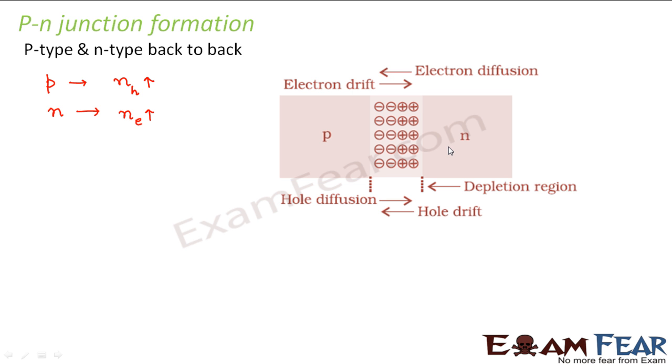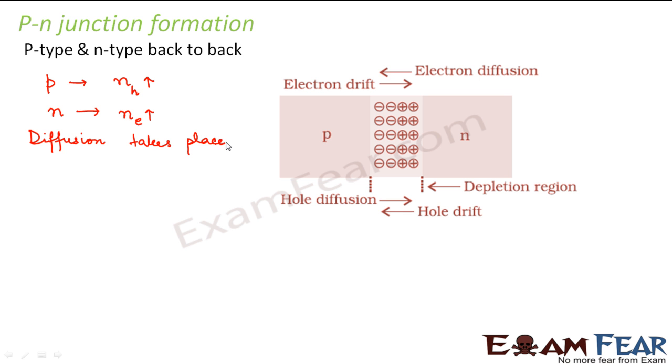So there is a difference in concentration in the two regions. The concentration of holes is very high in the P region compared to the N region. Due to this difference in concentration, what happens? Diffusion takes place. You know diffusion, right?